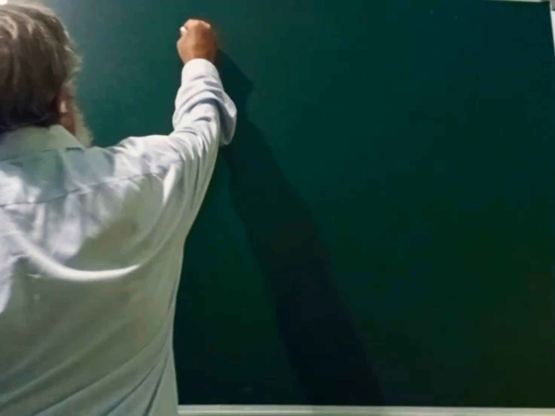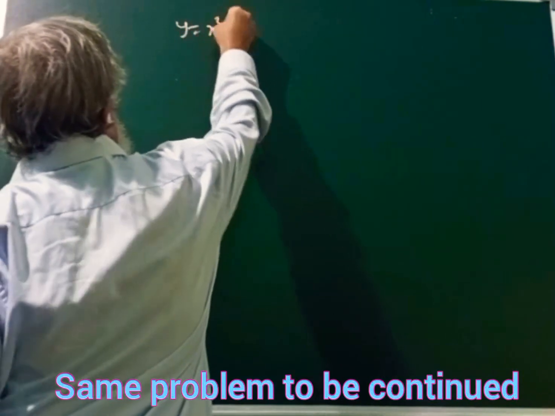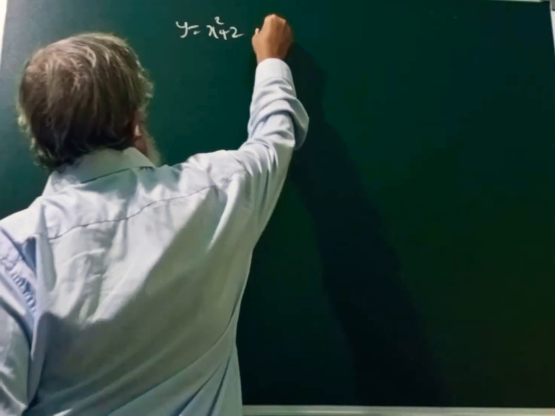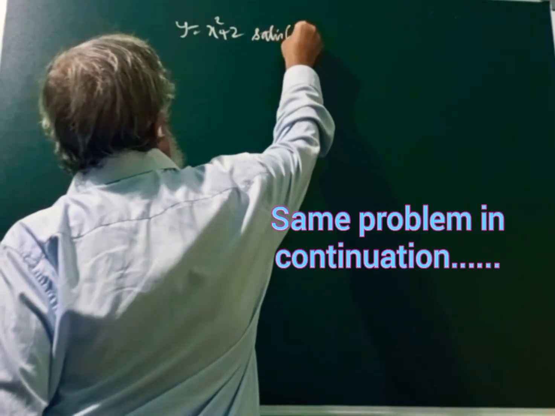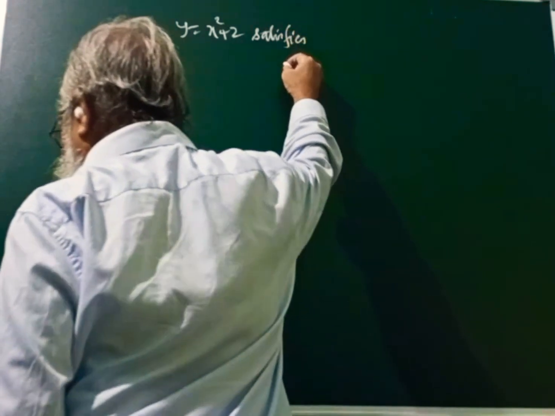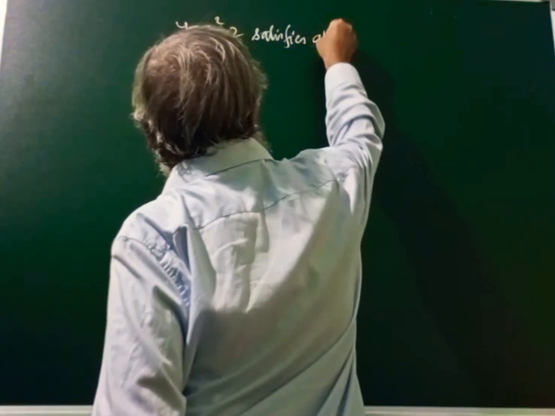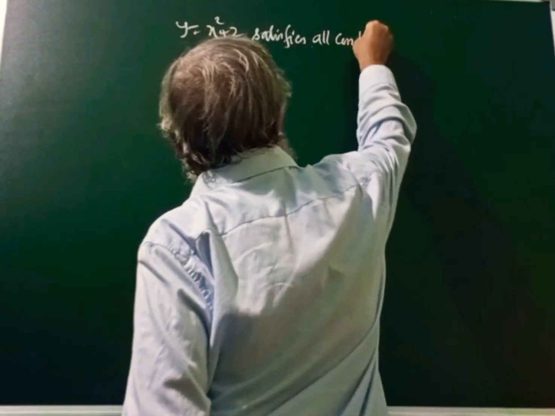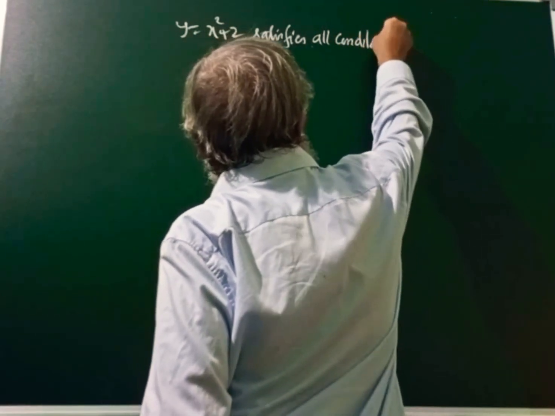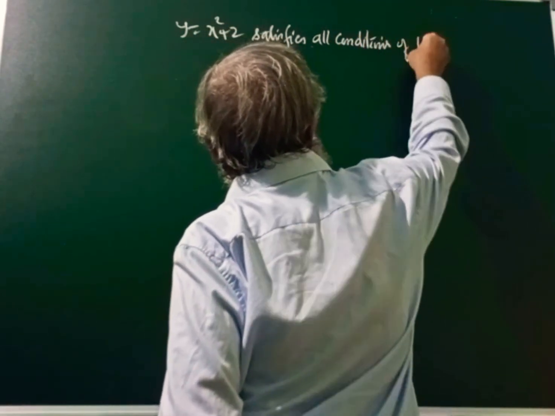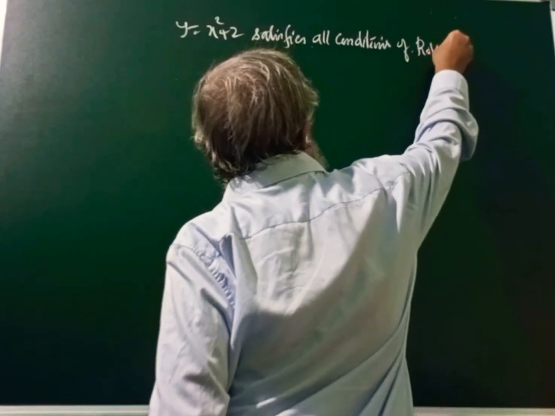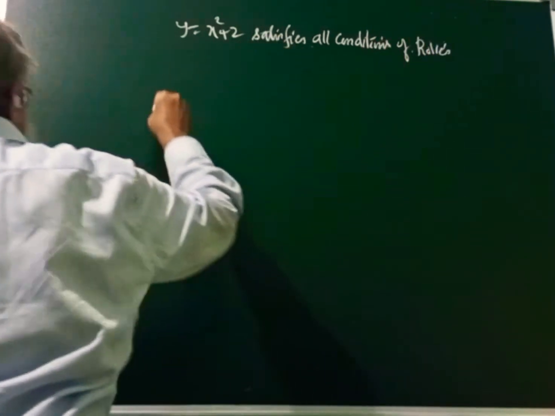Therefore, y is equal to x square plus 2 satisfies all conditions of Rolle's theorem.